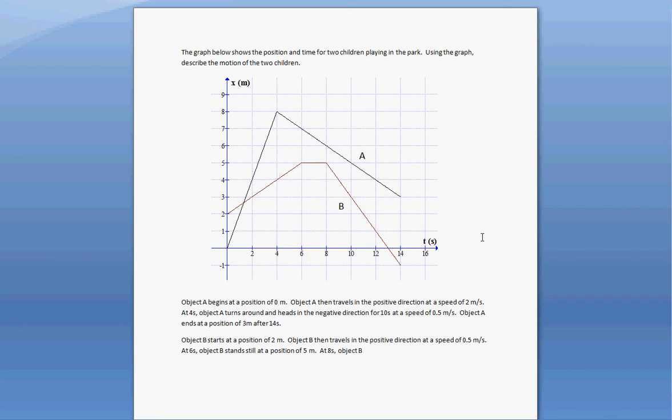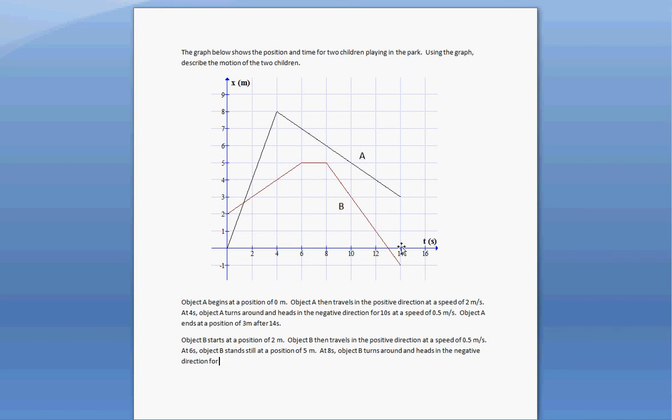object B is now moving back towards the origin, so it looks like the negative direction. So we're going to say object B also turns around and heads in the negative direction for, let's see how many seconds it's going to do that for.